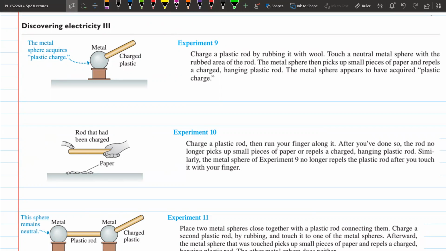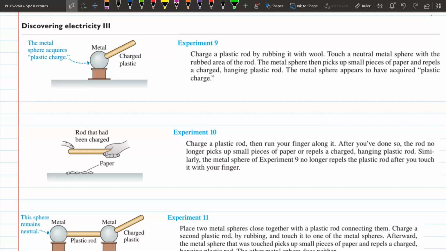In experiment 9, let's say I have a piece of plastic rod, and I rub my little wool hat on it and charge it. If I put it up against a piece of metal ball, the charge is going to move from the plastic to the metal somehow.